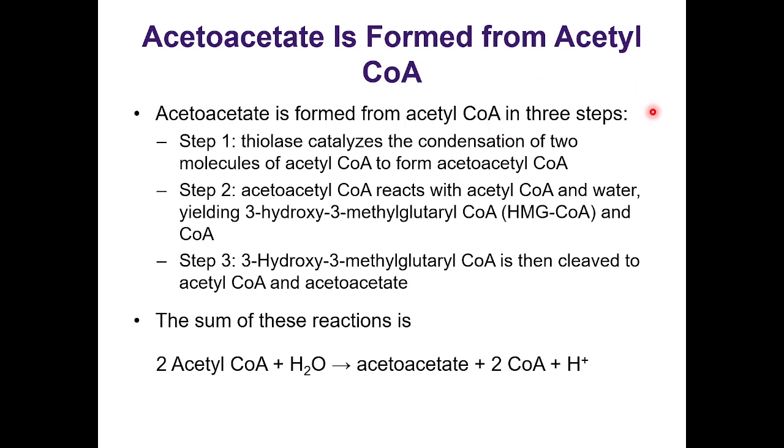Acetoacetate. This is going to be formed from acetyl-CoA in 3 steps. Step 1 is the thiolase catalyzes the condensation of 2 molecules of acetyl-CoA to form acetoacetyl-CoA. Step 2, the acetoacetyl-CoA reacts with the acetyl-CoA and water. This is going to yield your 3-hydroxy-3-methylglutaryl-CoA, typically abbreviated HMG-CoA.